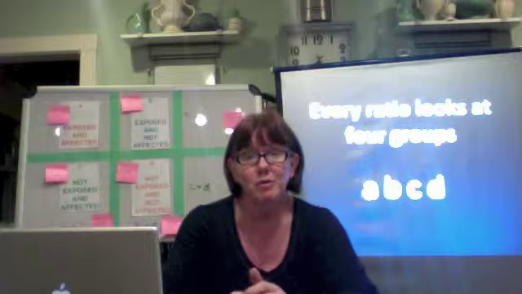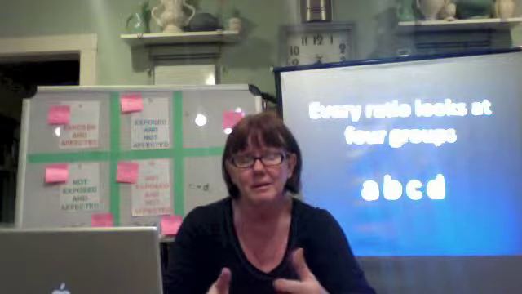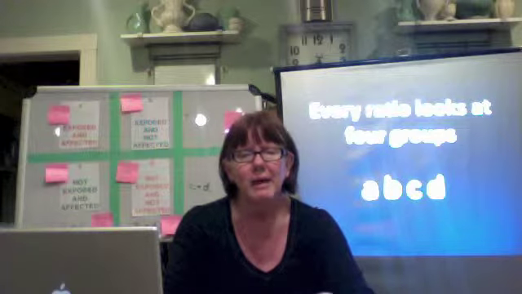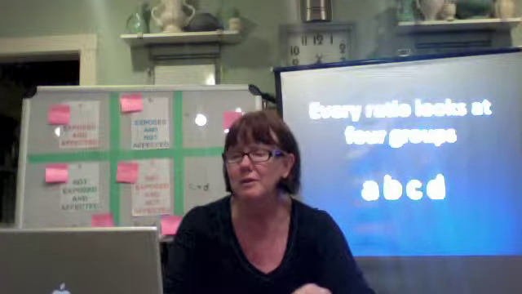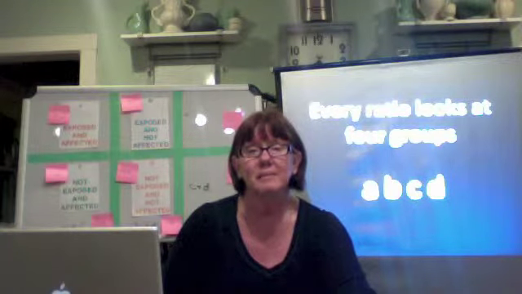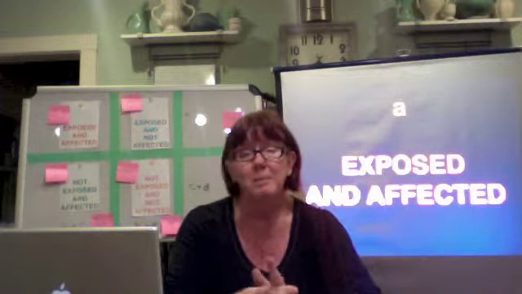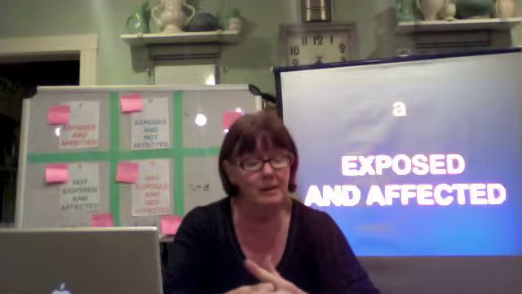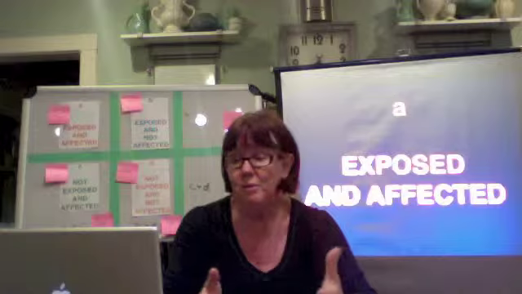In every ratio, no matter what kind of thing you're studying, it's divided into 4 different sections, and we letter those A, B, C, and D. A is the people who are exposed and affected by whatever we're studying.